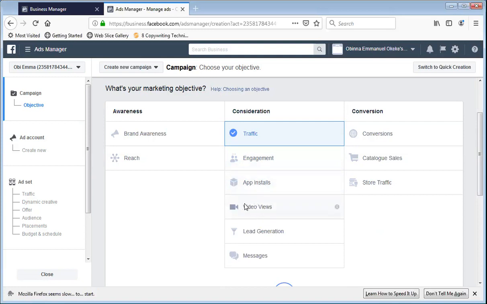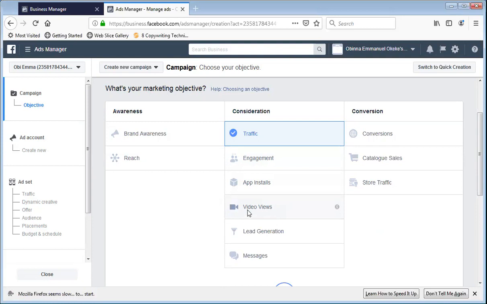Then another objective you could use is video views, especially if you are using video to run your advert. When we get to the final stage, which is where you have your ad creative, where you have to decide whether to use an image to run your Facebook ad or to use a video. If you're using a video, more or less, you might want to choose video views as an objective.